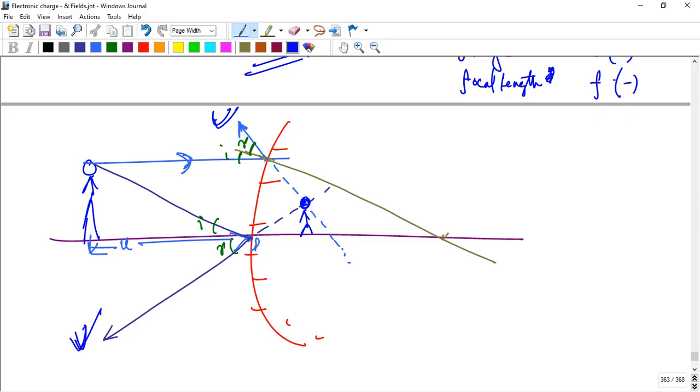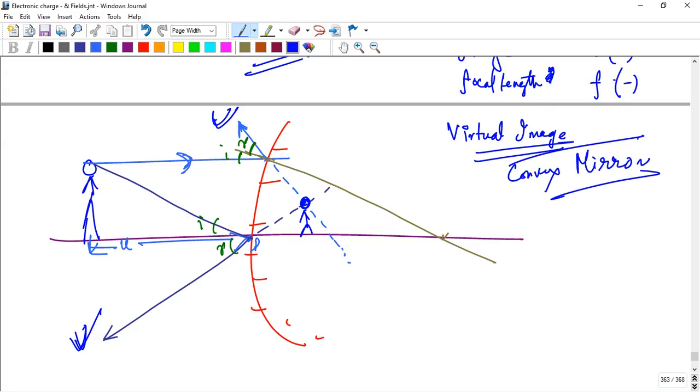That's why this image is called a virtual image, a virtual image created by the convex mirror. This distance from the pole to this point is v, the image distance, and this is the focus f, the focal length.